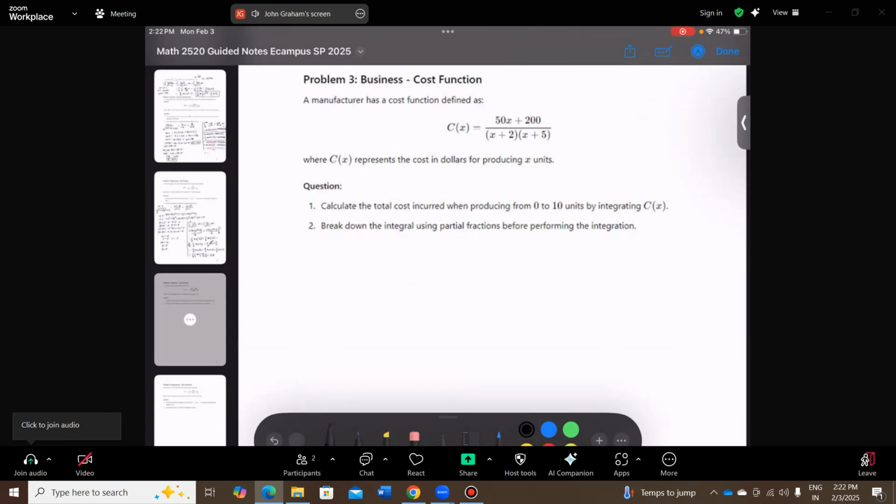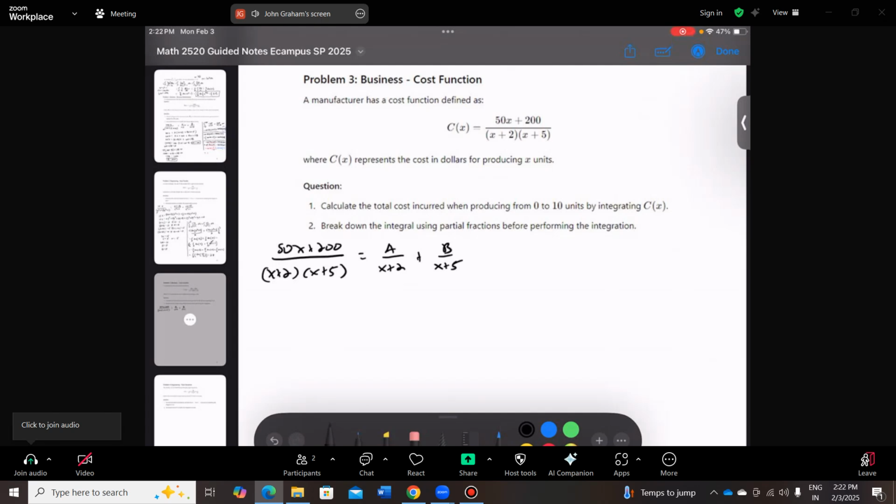And we're going to do this by using partial fractions to reduce the integral. So 50x plus 200 over x plus 2 times x plus 5 is going to equal a over x plus 2 plus b over x plus 5.